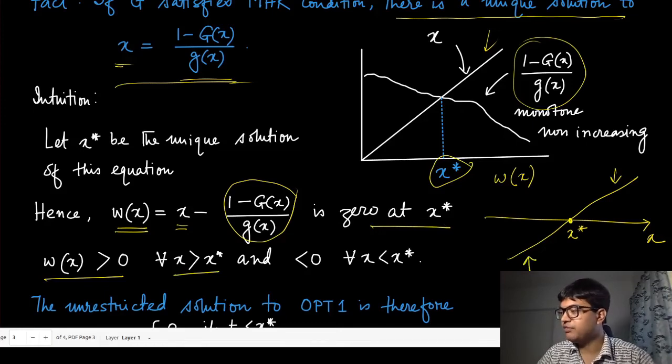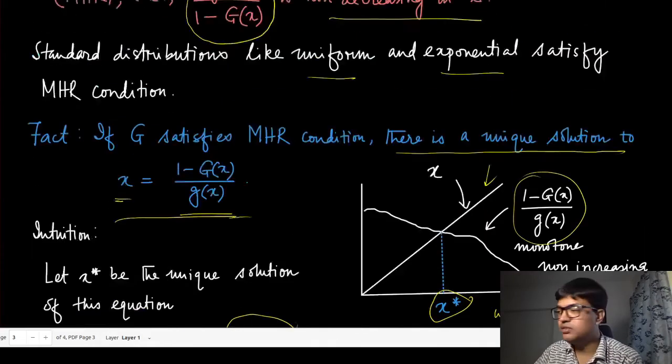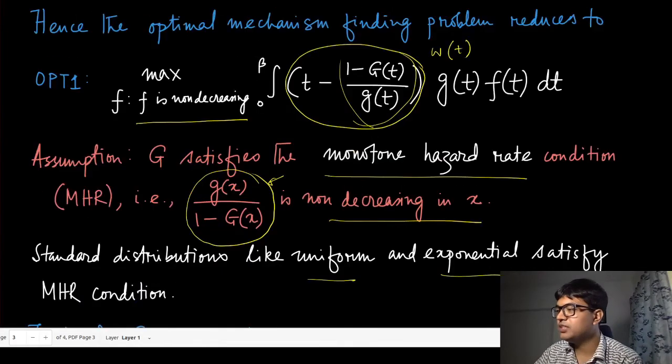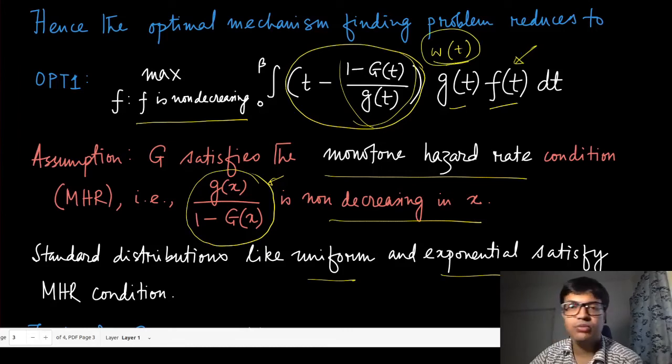And that gives us a very clear idea of how to solve optimization 1. Because our objective is to maximize the integral of w(t) f(t) g(t) between 0 to beta, we should not be allocating the object when w(t) is negative, because that is going to give us some negative integral.